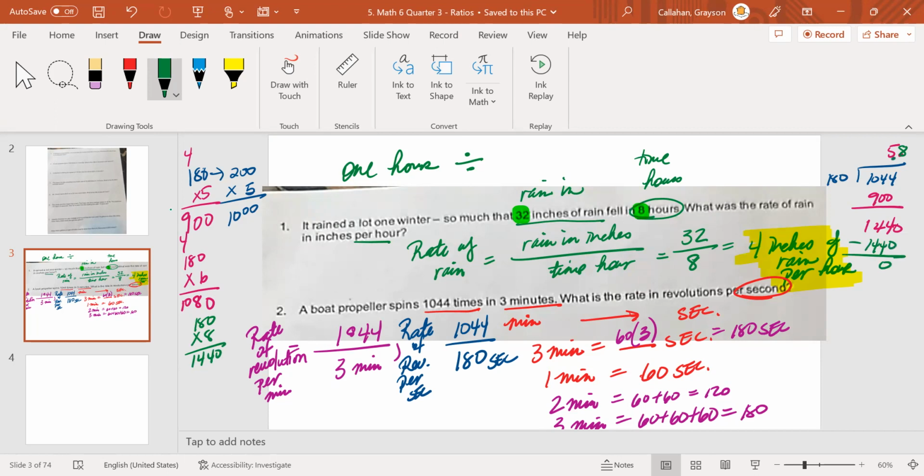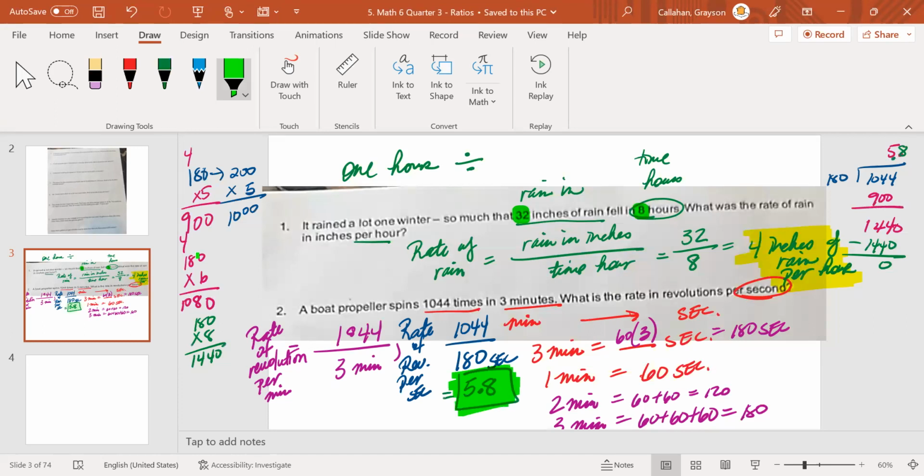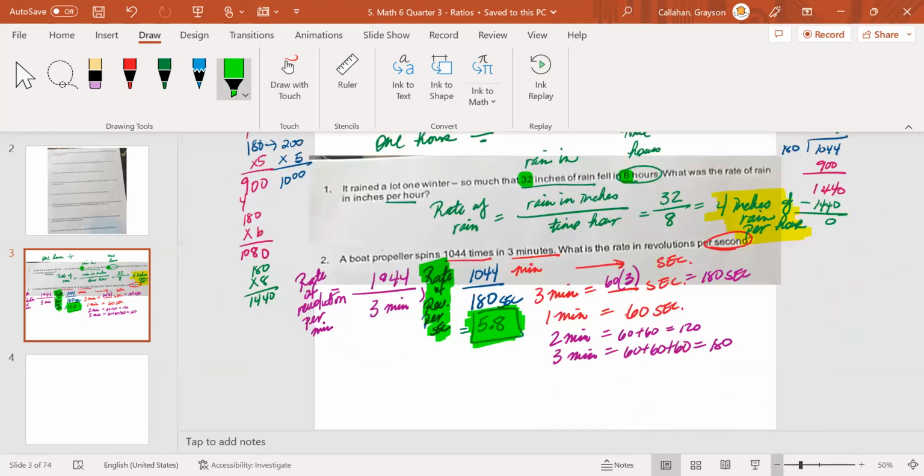Subtract, you get 0. So rate of revolution per second is equal to 5.8. That is your answer right there, 5.8. Rate of revolution per second equals 5.8. And if you're not getting it right now, it's okay because you have this on a video, so you'll be able to see that. All right, let's go on to the next piece.